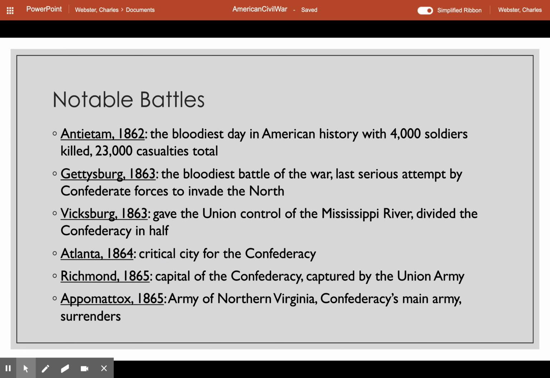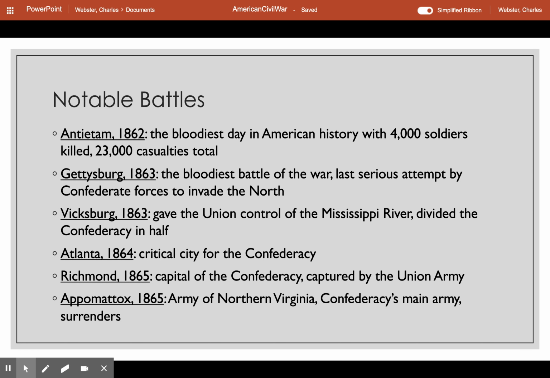And then finally, you had the Battle of Richmond in 1865. Richmond, Virginia, was the capital of the Confederacy, and it was finally captured by the Union Army in April of 1865. And then the largest Confederate army, the Army of Northern Virginia, led by General Robert E. Lee, surrendered shortly after Richmond was captured.